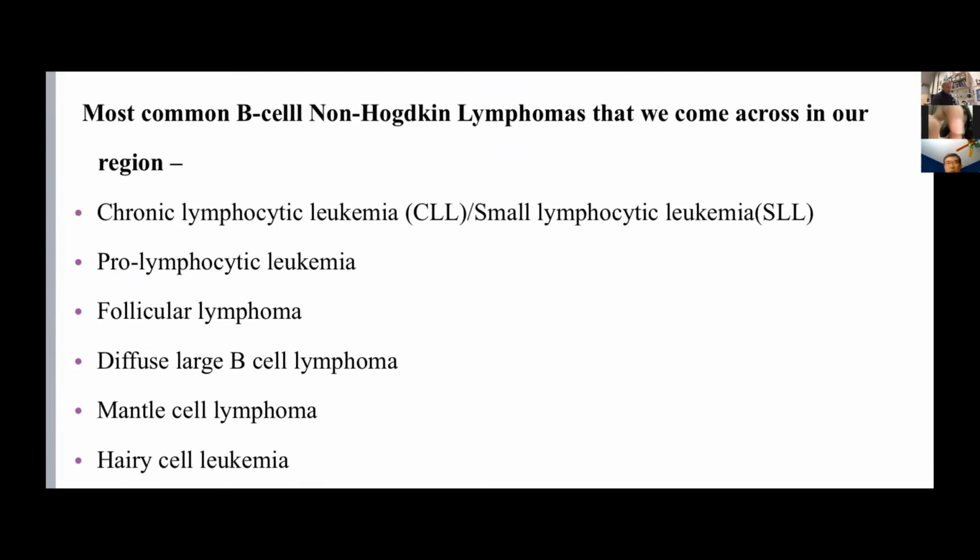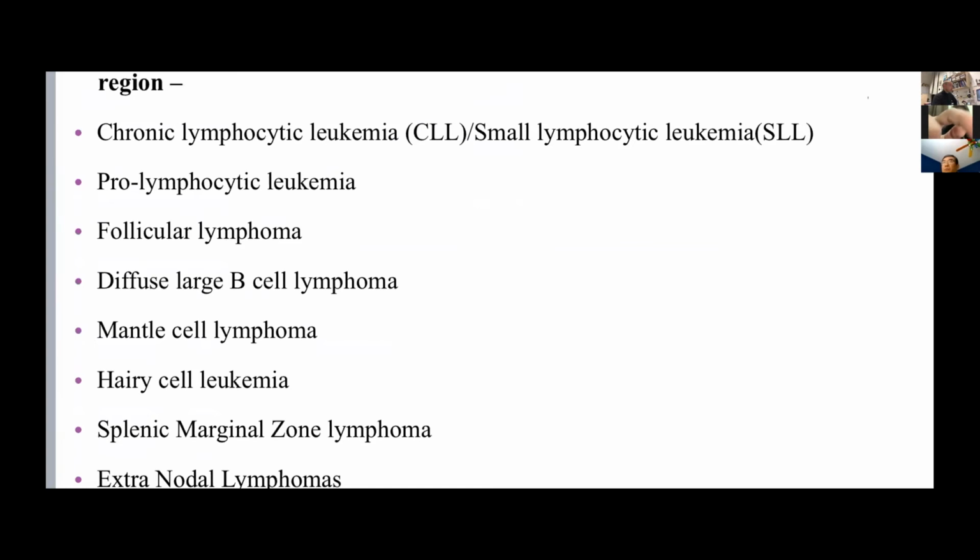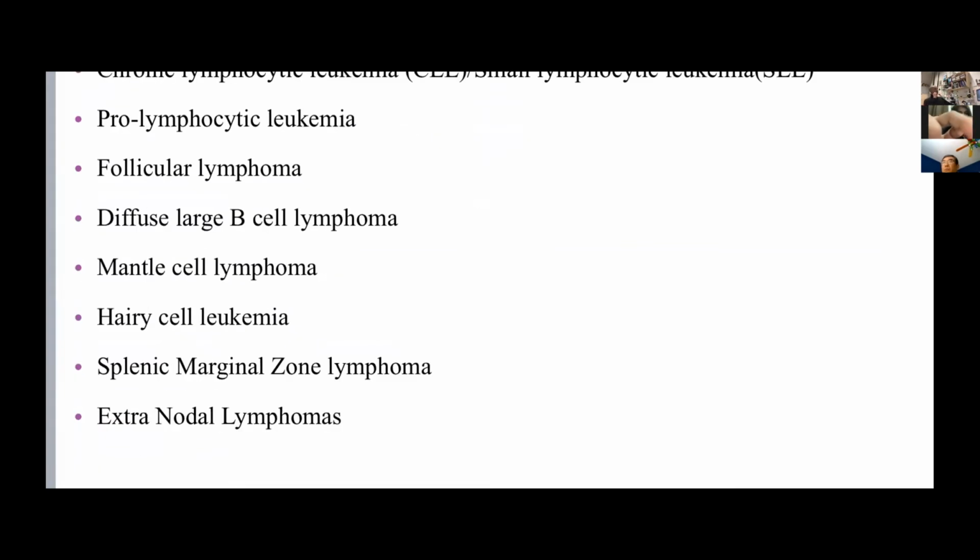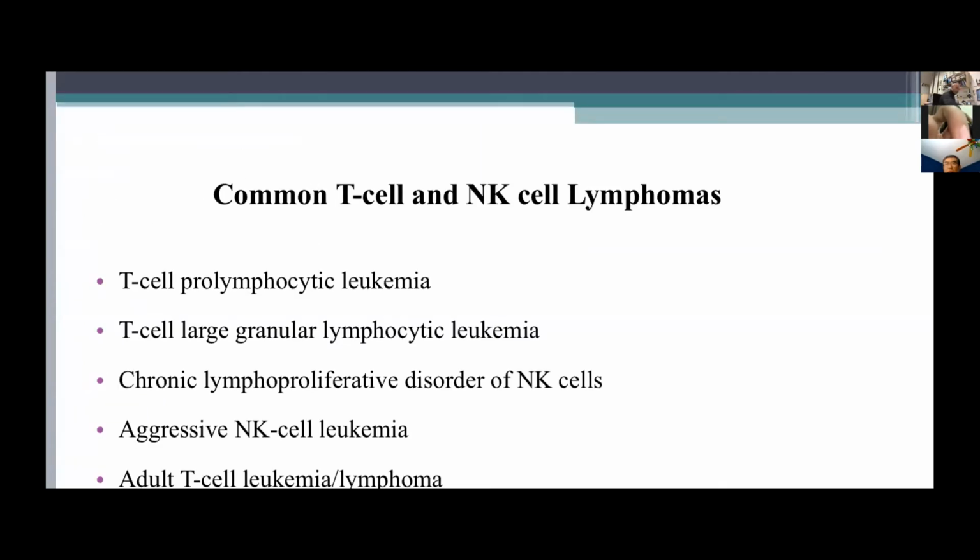These are the most common B cell non-Hodgkin lymphomas that we come across in our region. CLL is the most common NHL we come across in India, followed by prolymphocytic leukemia, follicular lymphoma, DLBCL, mantle cell lymphoma, hairy cell leukemia, marginal zone lymphomas, and other extranodal lymphomas, followed by other common T cell and NK cell lymphomas.